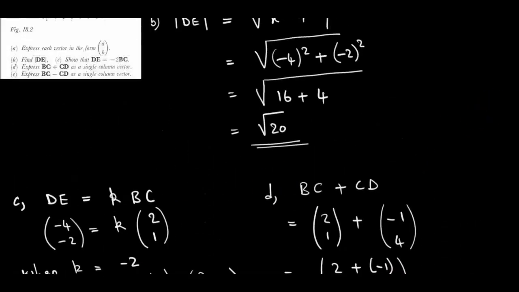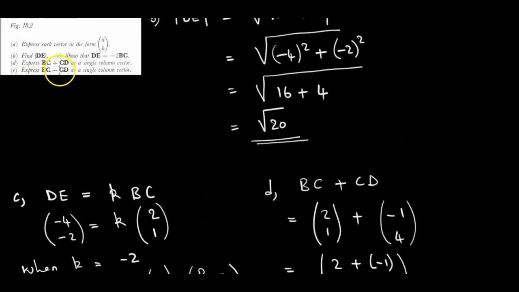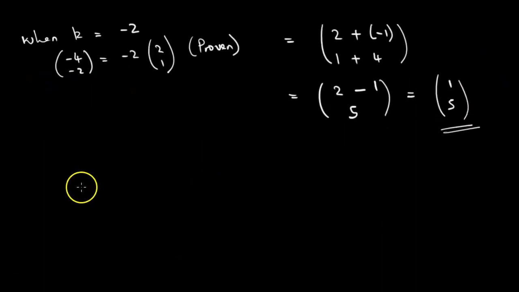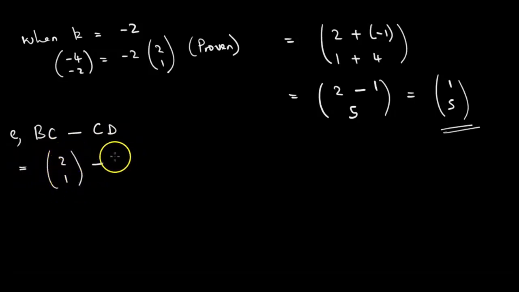Then we go to the last question, which says express BC minus CD as a single vector, and that question is actually E. So in E, BC minus CD is equal to, what is the value of BC? (2, 1) minus the value of CD, (-1, 4).